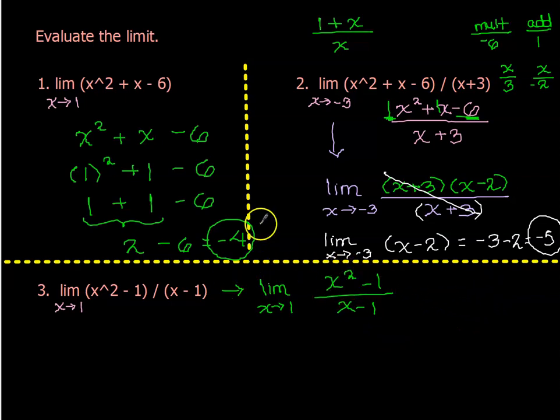If you do not remember the shortcut, that's fine. You can rewrite x squared minus 1 as x squared. Remember, this is ax squared plus bx plus c. Since there's no bx, you can just write plus 0x and then minus 1.